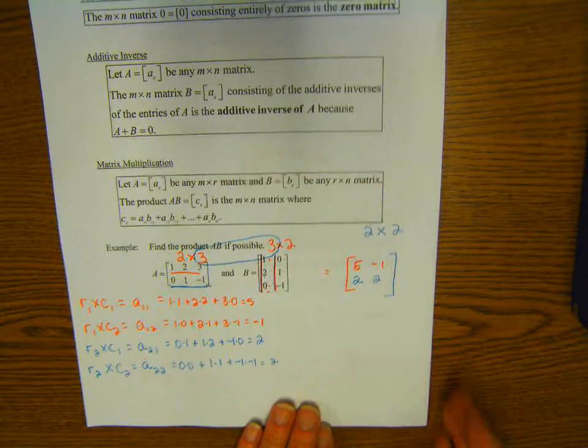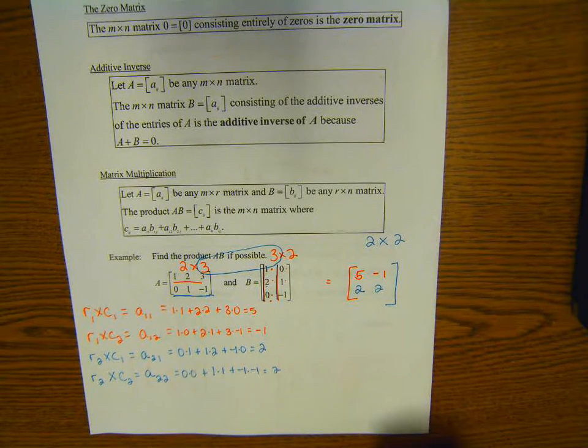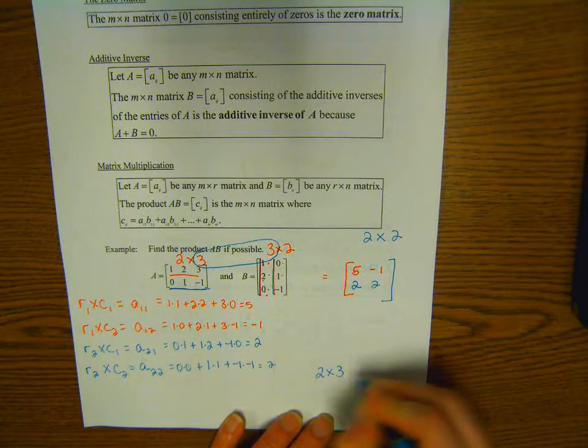So sometimes you can't multiply matrices by each other. Can you guys give me an example that would work one way but not the other? Let's do some dimensions. 2 by 3 times a 3 by 4.